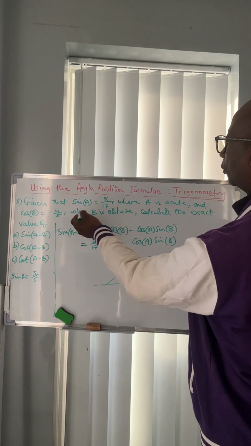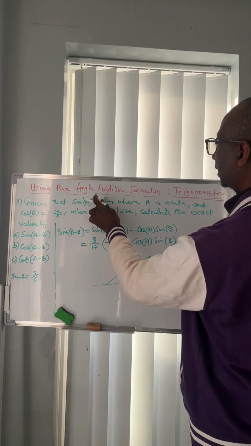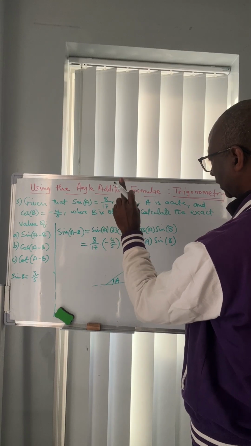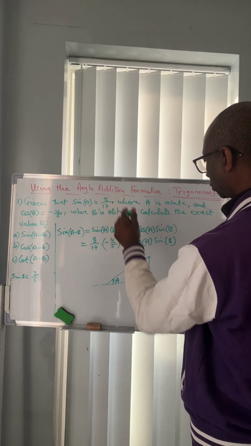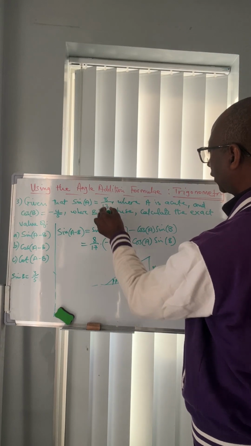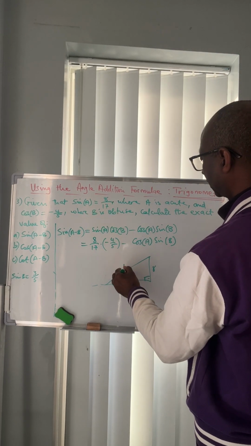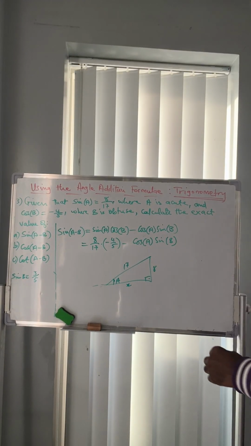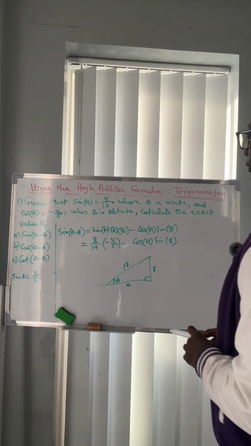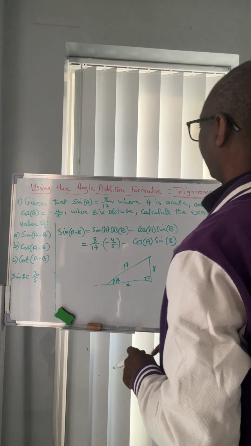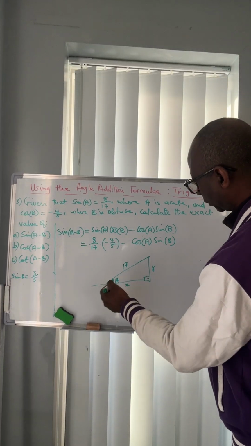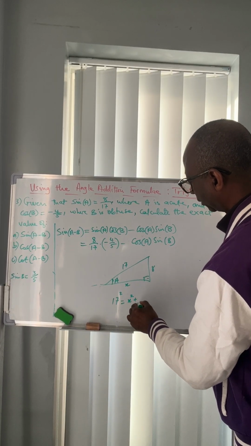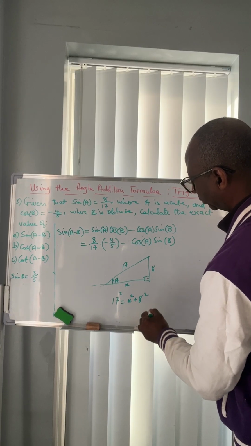We are told sine A is 8 over 17. What does that mean? Sine is opposite over hypotenuse. So the opposite is 8 and the hypotenuse is 17. We need to find this side for us to be able to get cos A. According to Pythagoras theorem, 17 squared equals x squared plus 8 squared.